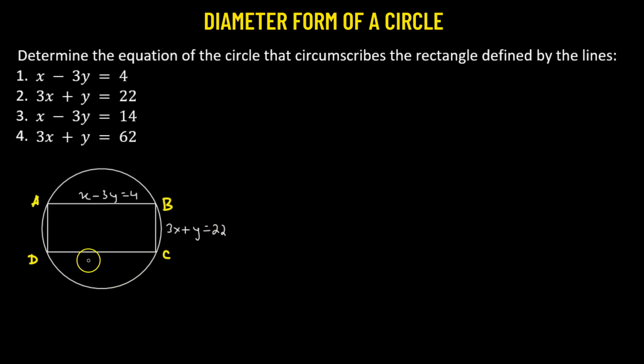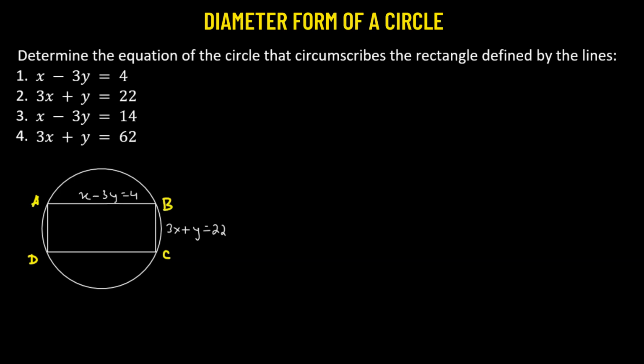Well, you can plot these lines on graph paper to get an accurate diagram of the rectangle, but there's an easier way to represent the sides of the rectangle with the following equations. If we look at equation number 1 and equation number 3, both of these equations have the same slope. Similarly, equation 2 and equation 4, which are 3x plus y equals 22 and 3x plus y equals 62, both have the same slope.